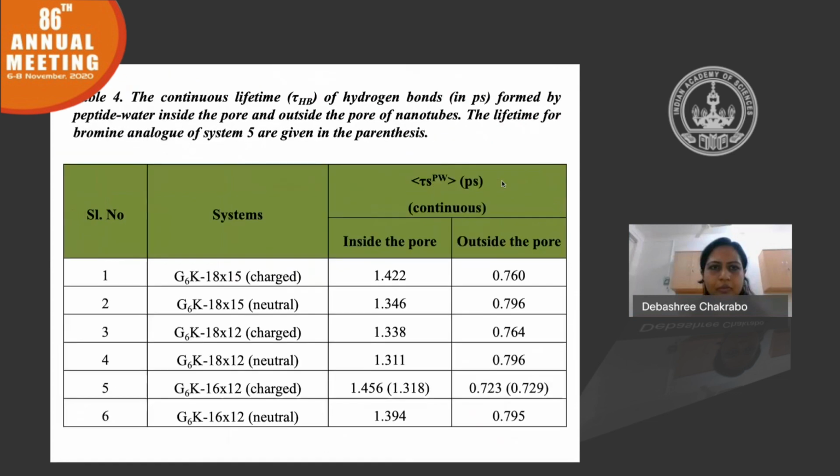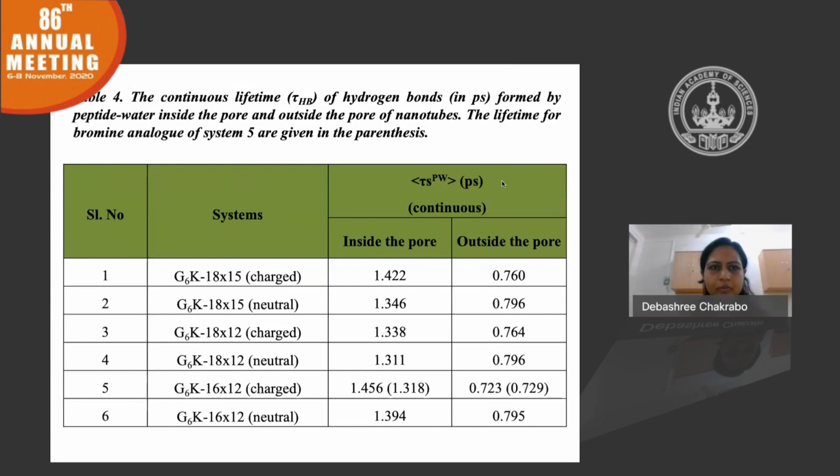We also calculated the hydrogen bond lifetime between the peptide and the water, and we find a similar kind of tendency. But the thing we should notice here is that in this case, outside the pore, the charged system has a lesser hydrogen bond lifetime compared to the neutral analog.